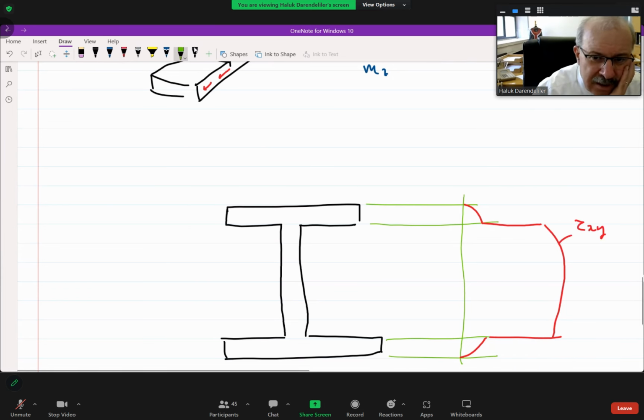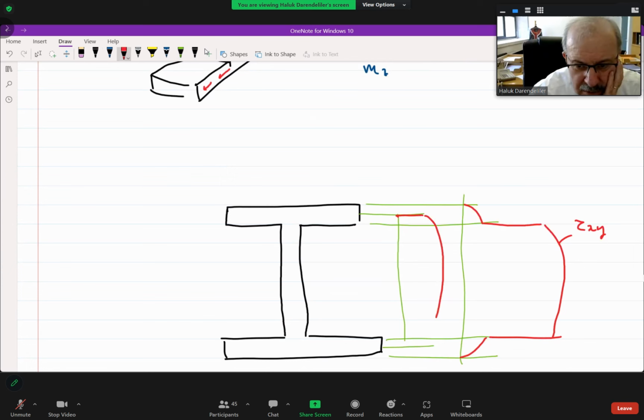On the other hand, if you draw the shear flow Q, the Q would be in such a quantity in the middle portion. So there are two graphs here. This is the distribution of the Q, and the other one is the distribution of the shear stress. Is this clear?